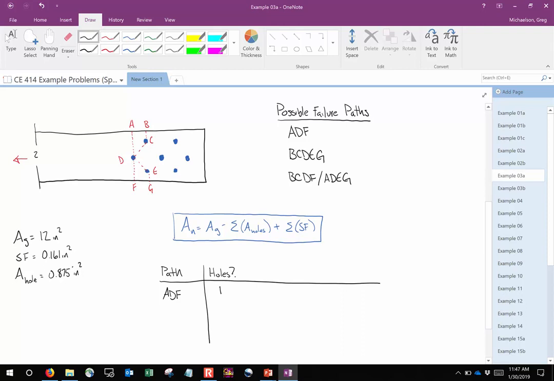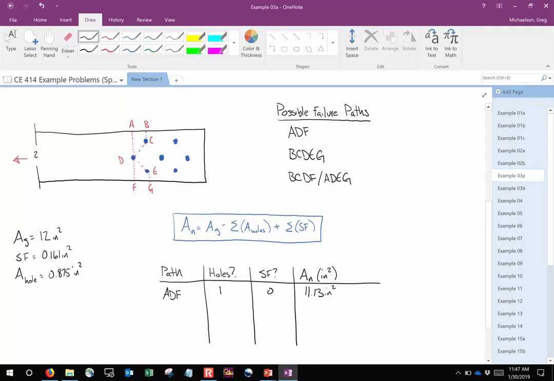How many stagger factors? 0, because there's no diagonal path, right? So can anybody tell me what the net area of that path would be? How would you compute it? You'd take the gross area minus how many of these, plus how many of these? And so what is that? So we'll say 11.13.